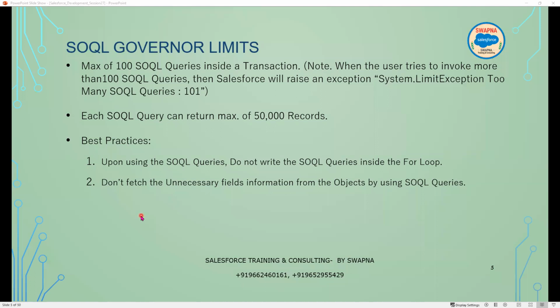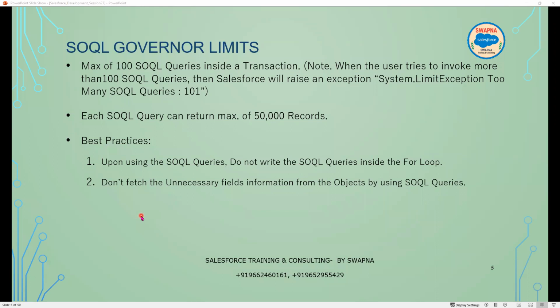That is unnecessary. And sometimes we do not need the information of a few fields, so when we do not need them, do not query them. Best practice is do not fetch unnecessary field information from the object by using the SOQL query.